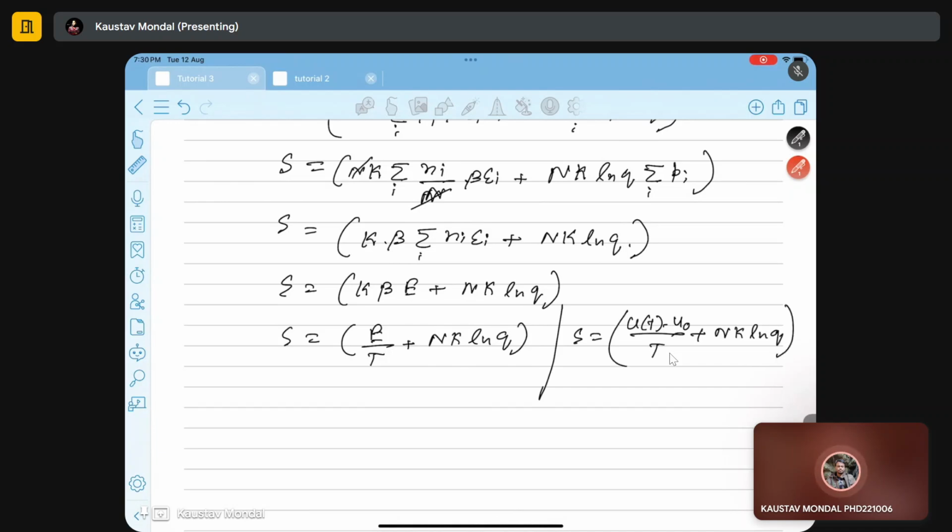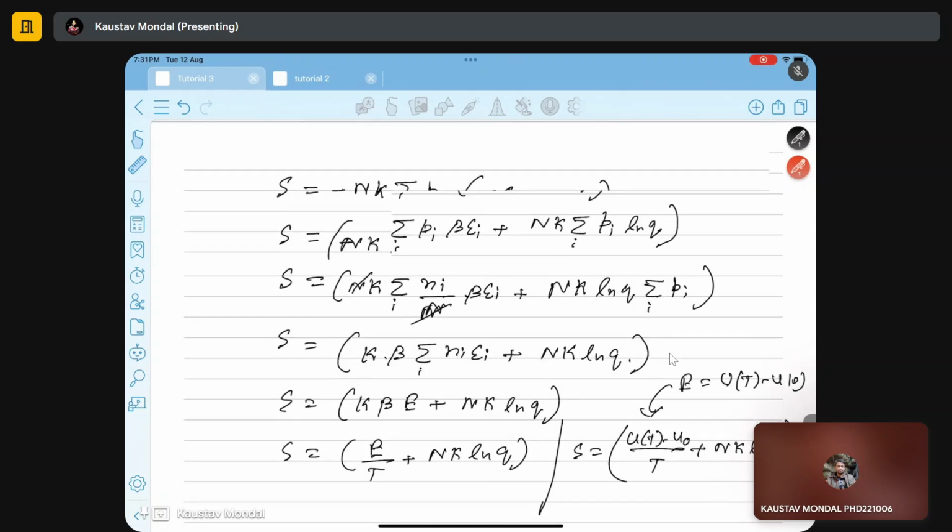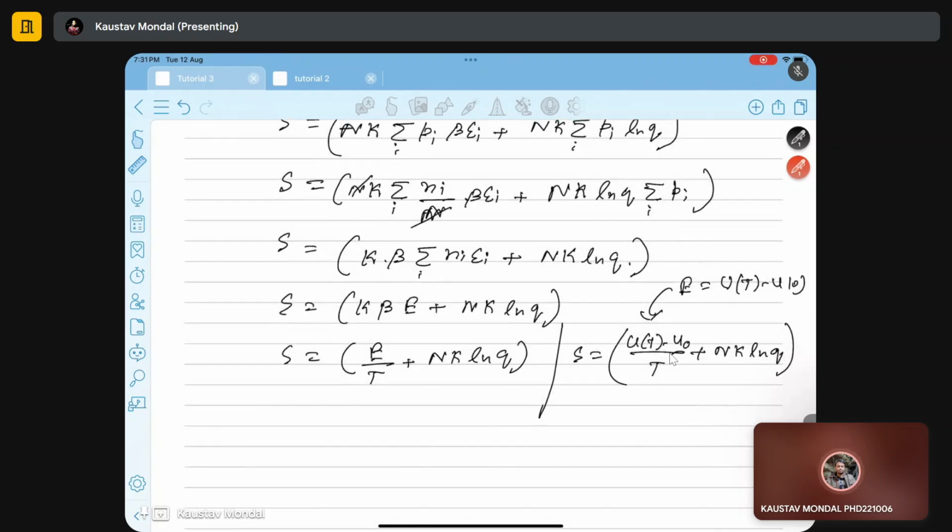This is also a way you can write the expression of the entropy, right? So this is how you can calculate the entropy of a system. Now you have to use this factor, which is basically ut minus u0 here. We got the expression of the entropy in a very user-friendly format.